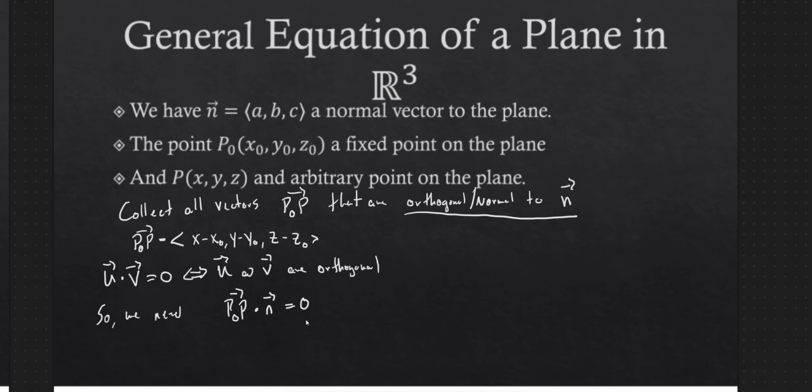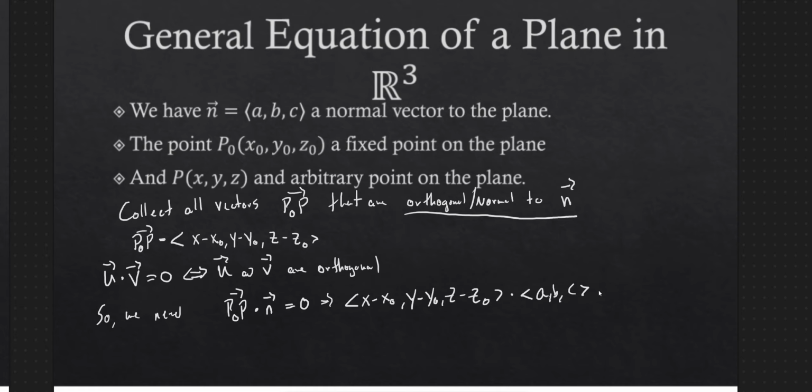And we can actually work out this dot product. Remember, the dot product had a really nice algebraic form, right? You take the product of each of the components and add them all together. So this P naught P dot n, P naught P is x minus x naught, y minus y naught, z minus z naught, dot my normal vector, which I'm calling ABC.